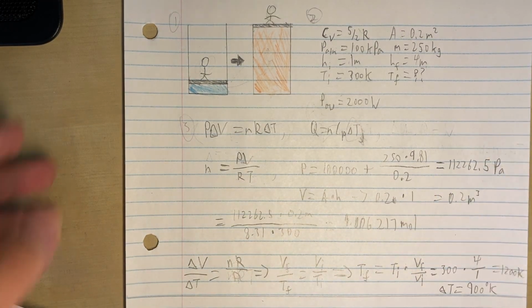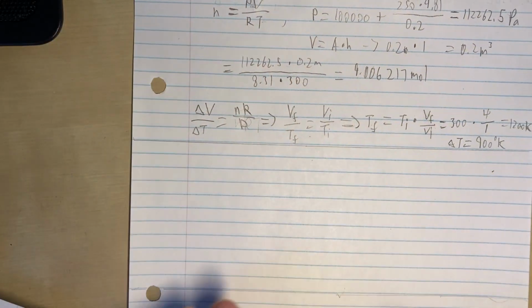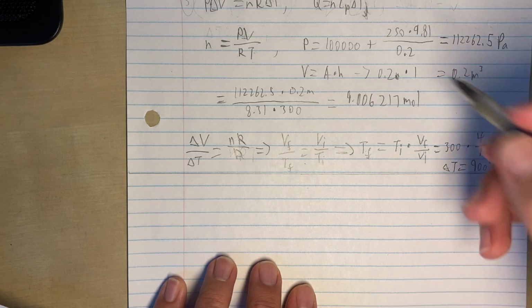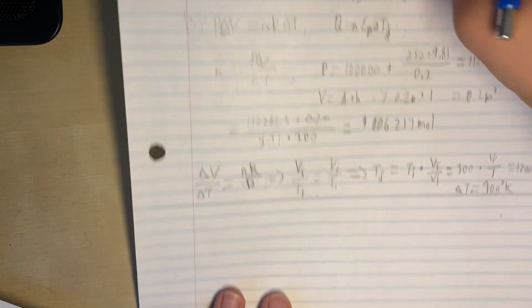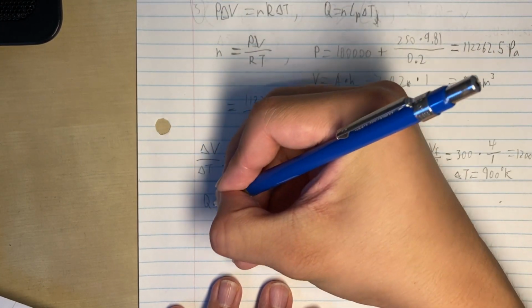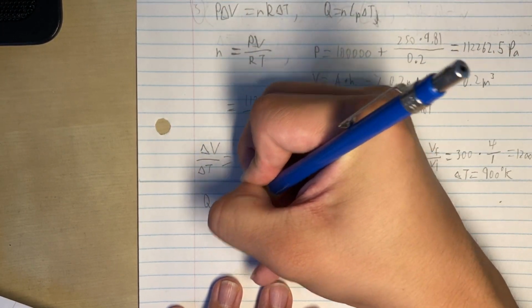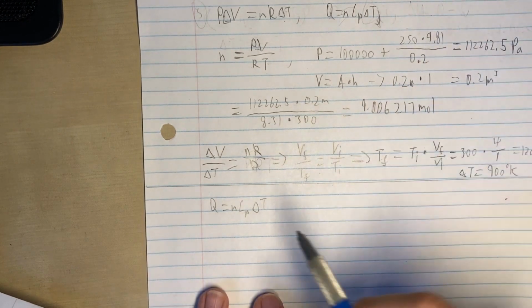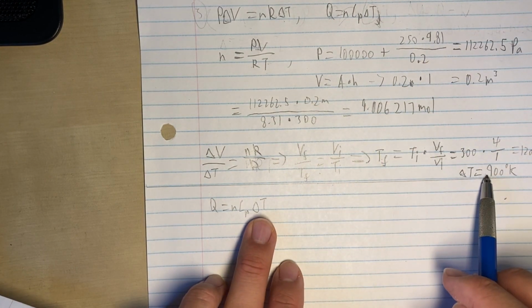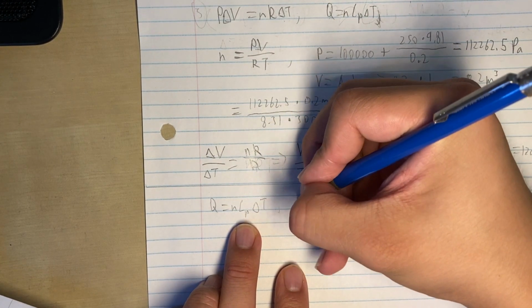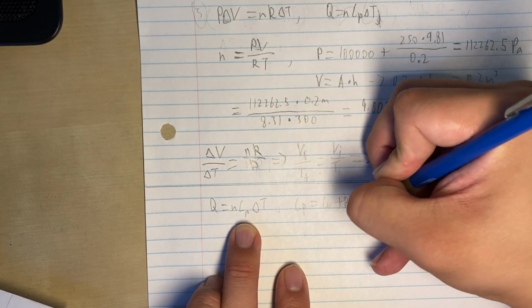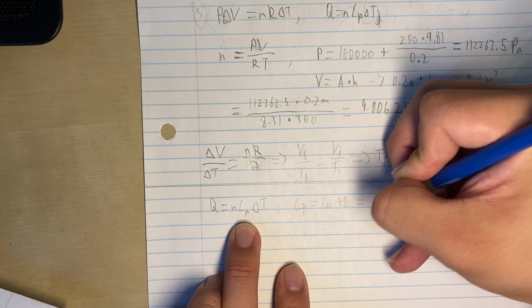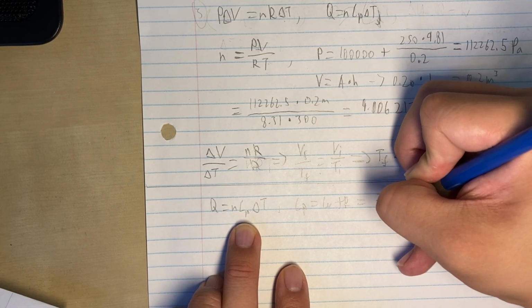Now remember we're trying to find Q. Q equals N Cp delta T. We have N, we have delta T, and Cp equals Cv plus R, so that's 7/2 times 8.31.